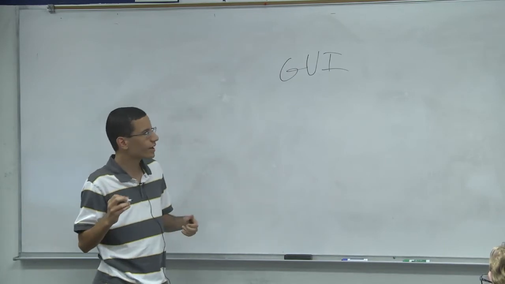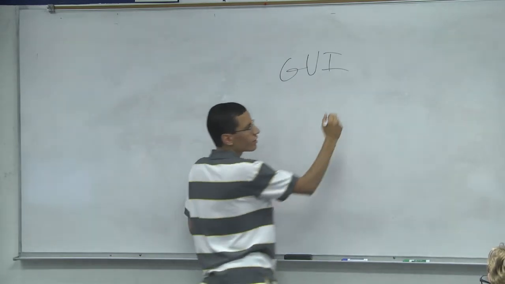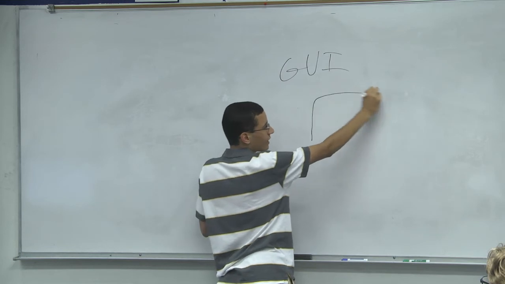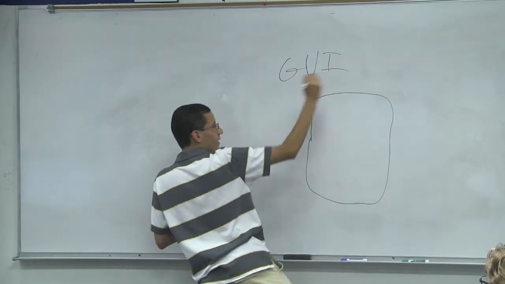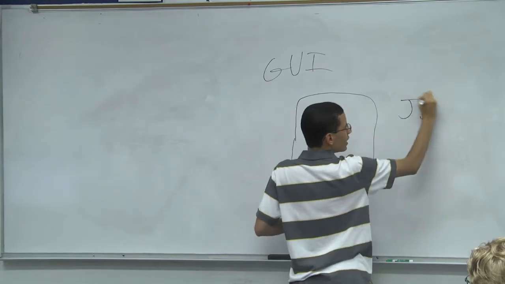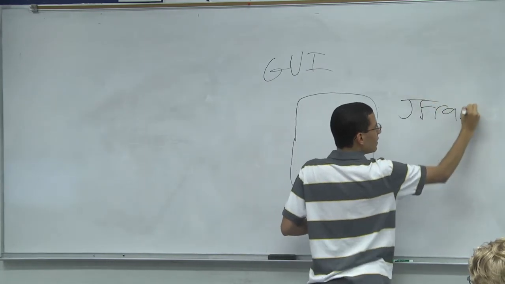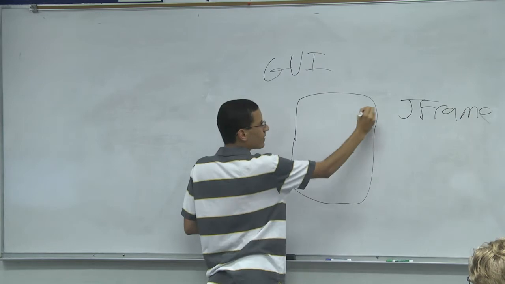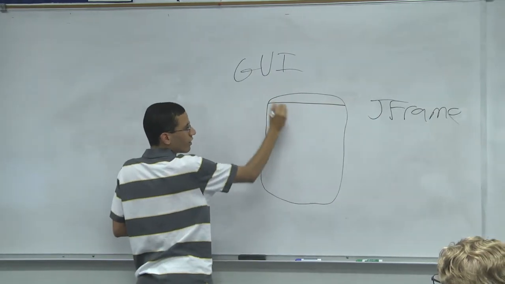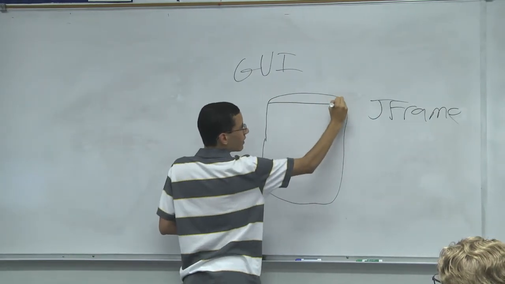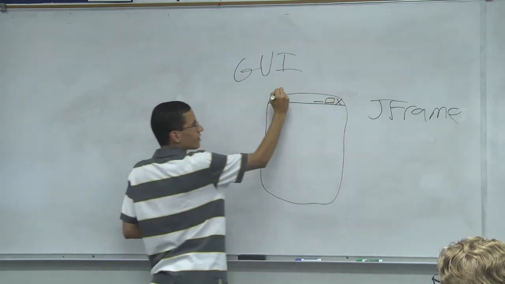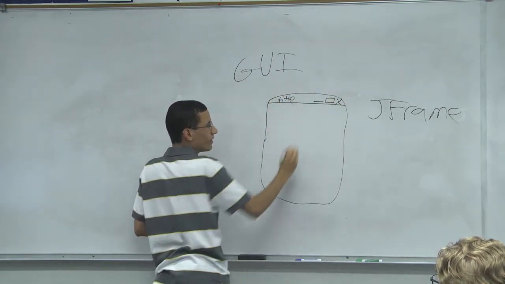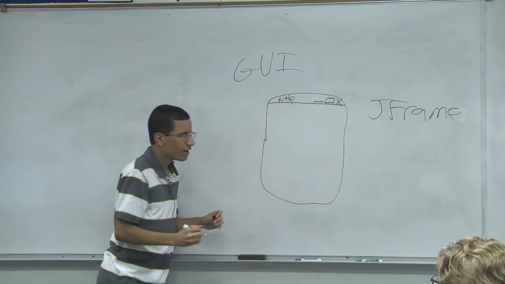In Java, if you want to make a window, you use an object that's built into the Java class library, called, right here, a JFrame. This frame is basically the border of your window. It has the ability to close, maximize, and minimize. It also has your title here. And that's what the JFrame is.